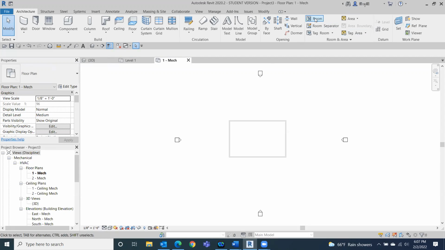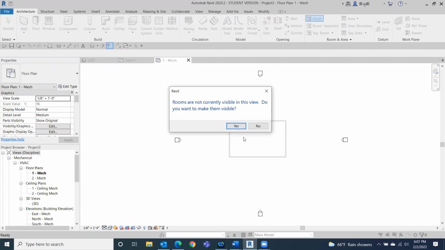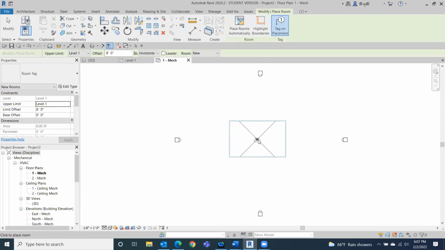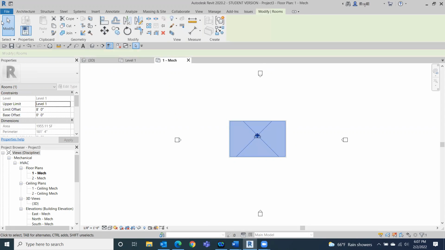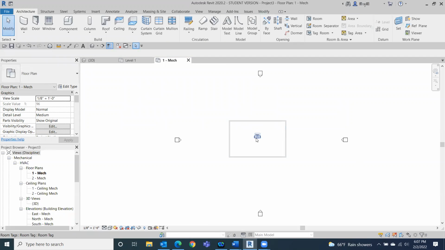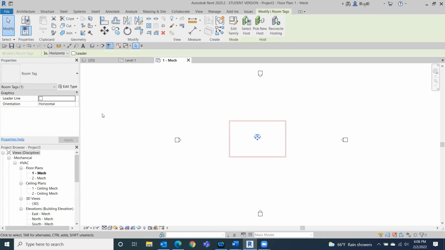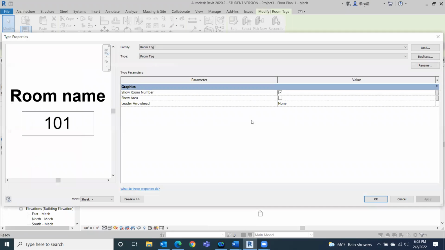And then let me check the room. Yes, we do want that. So you got your room tag in there, and then room tag, edit type, and you clicked on show area here.